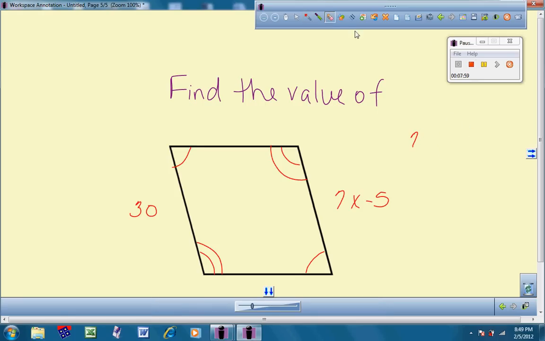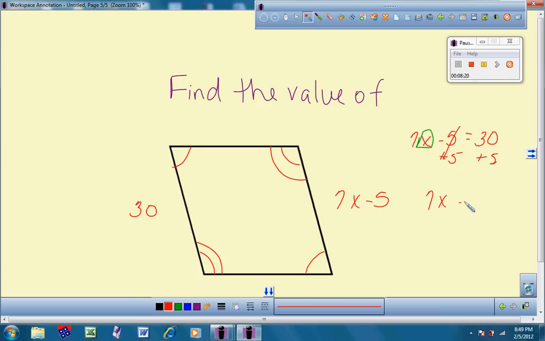So we would take 7x minus 5 is equal to 30. We're going to go ahead and solve for x, use a little bit of algebra. Let's go ahead and add 5 to each side. These 5's cancel out. 7x is equal to 35.